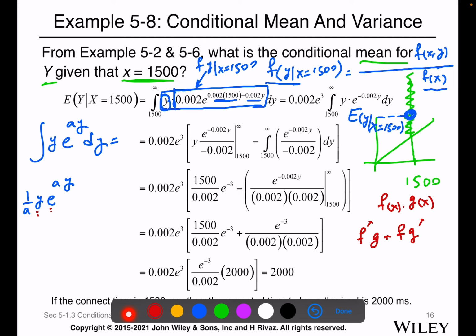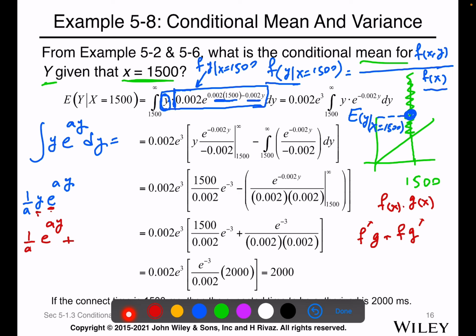So the derivative of what I wrote here is going to be the first derivative of y times the other function, so 1 divided by a times e to the ay, plus the derivative of the exponential times this. The derivative of the exponential is the exponential, but a and a cancel out.